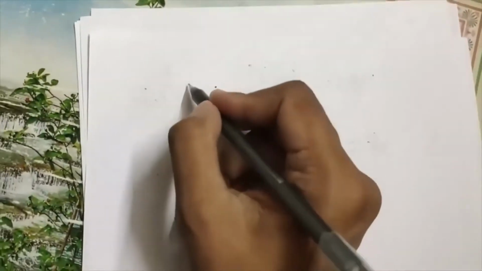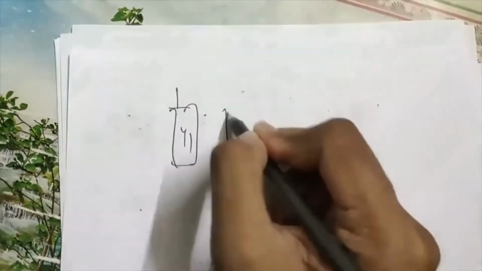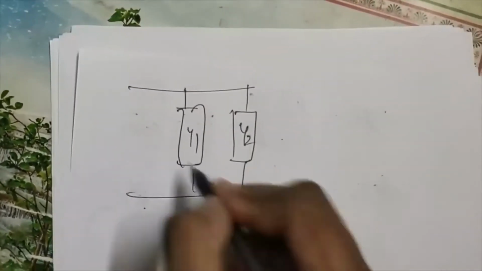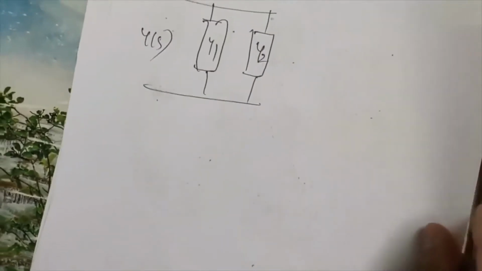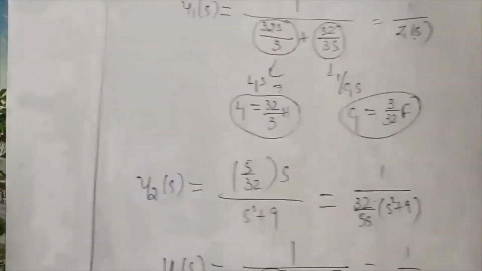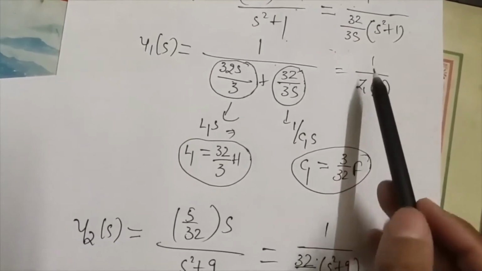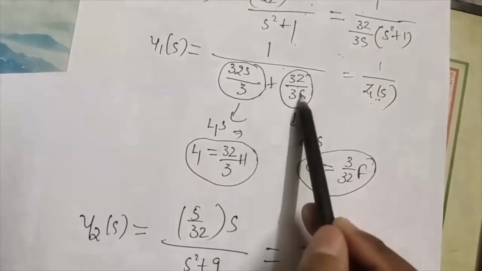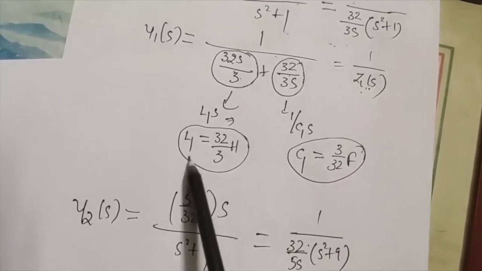The general representation of the network of Foster second form, as we know, is Y1, Y2, and so on. If I turn back, Y1 we have written as 1 by Z. So Z, if impedances are added, both are in series. That means the inductor and capacitor are both in series.